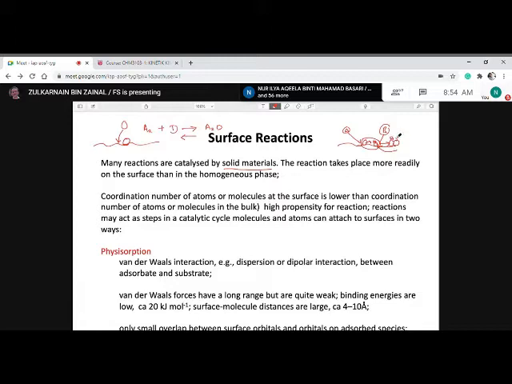So the reaction is actually catalyzed on the surface.